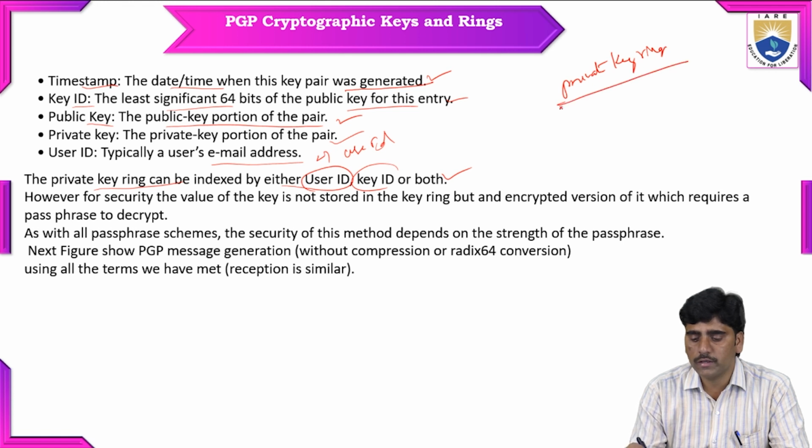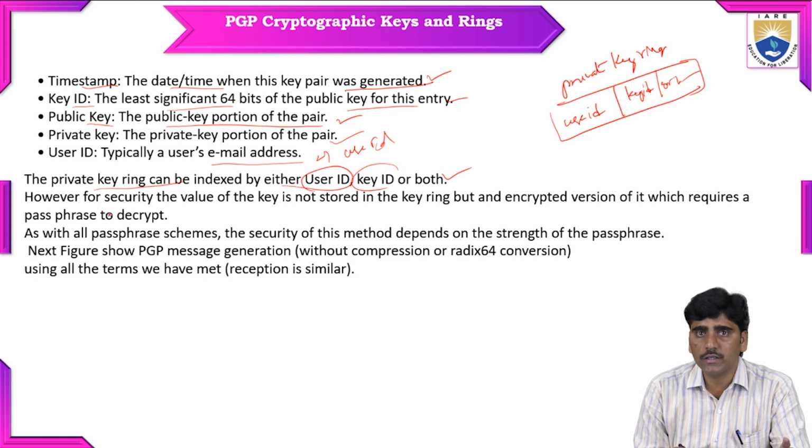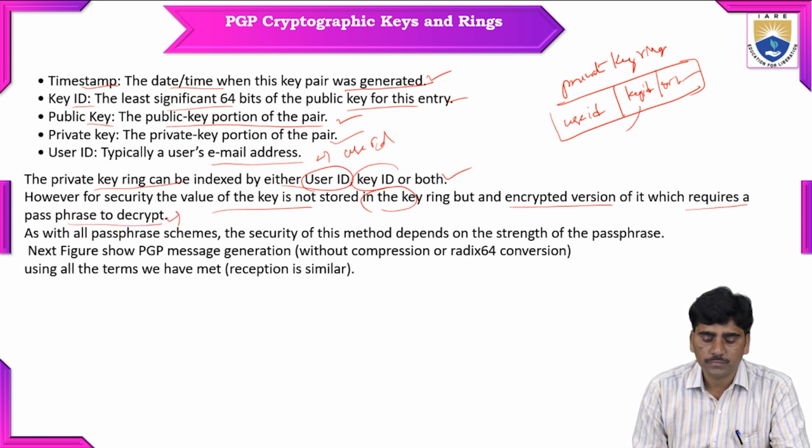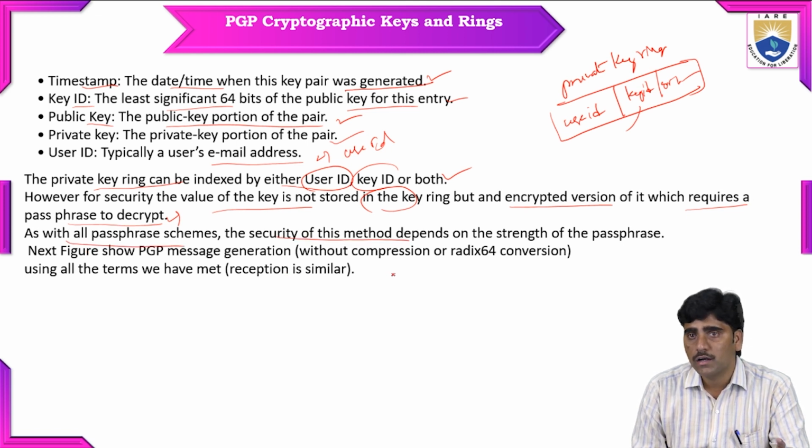However, for security purposes, the value of the key is not stored in the keyring, but an encrypted version of it, which requires a passphrase to decrypt it. As with all passphrase schemes, the security of this method depends on the strength of the passphrase.